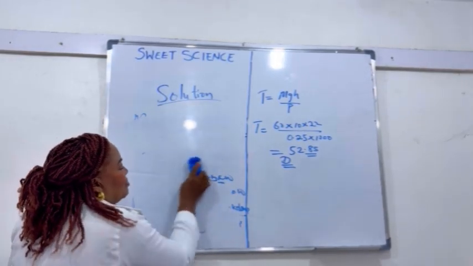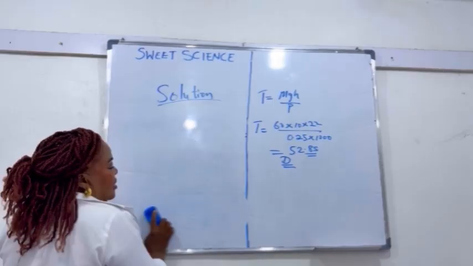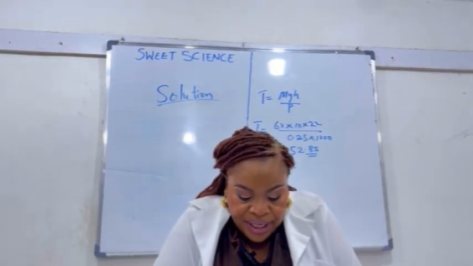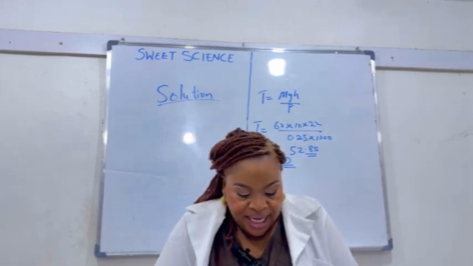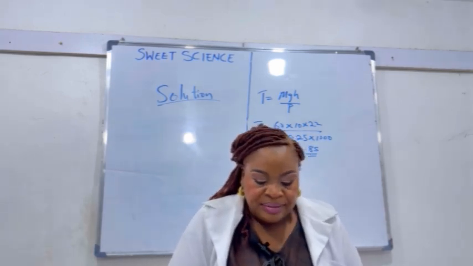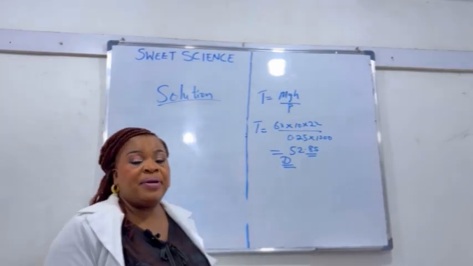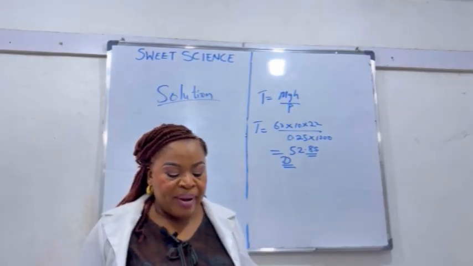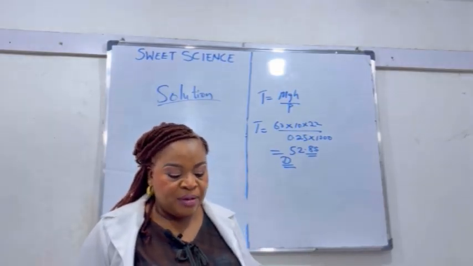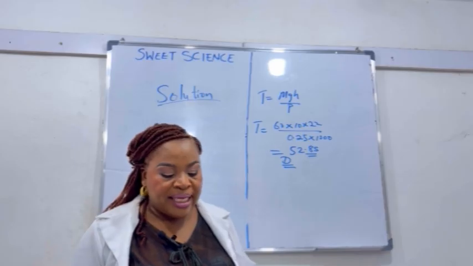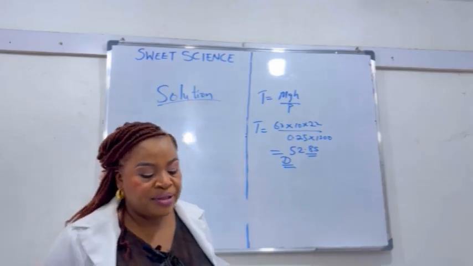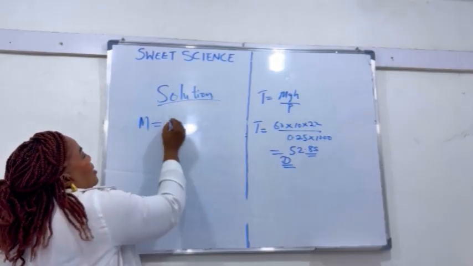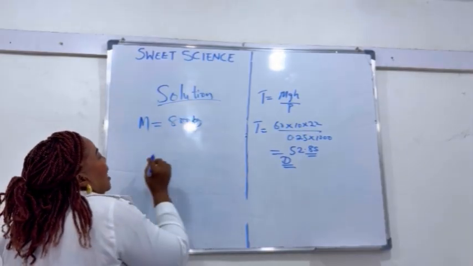So the next question is this: a car of mass 800 kilograms attains a speed of 25 meters per second in 20 seconds. As I'm reading it out, let me be writing out the parameters. So we have the mass of the car, 800 kilograms.